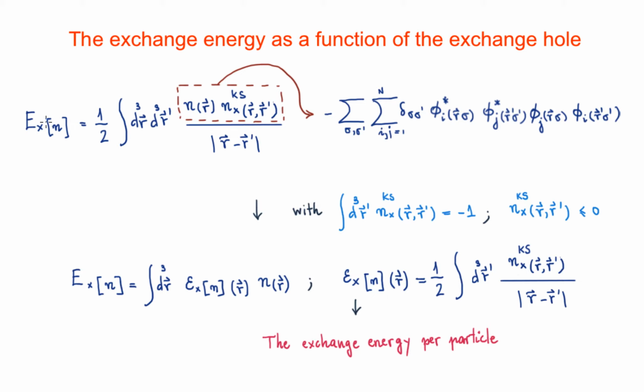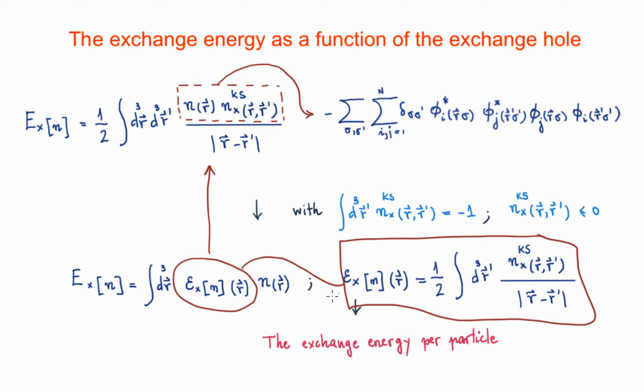Sometimes this exchange energy functional is also defined in terms of a new function. If we write the exchange energy functional in this way, basically the integral of this function times the density, considering that it should be the same as this one, the function should be this one. This function epsilon x is the exchange energy per particle. So sometimes the exchange energy functional is defined in terms of this new functional, or in terms of the exchange energy per particle.